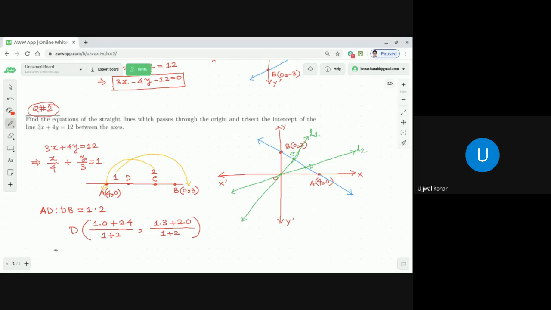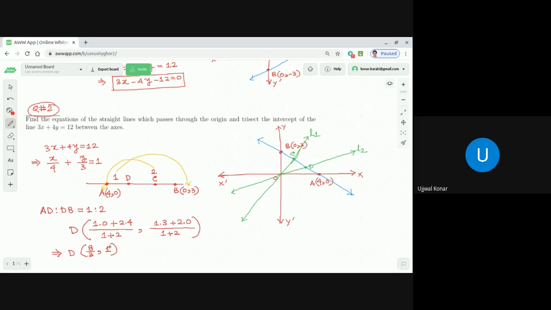That implies the coordinate of the point D becomes 8 by 3, comma 3 by 3, and that is 1. So 8 by 3, comma 1.